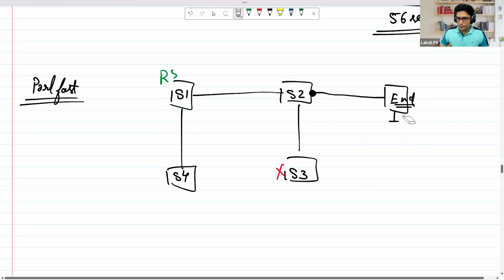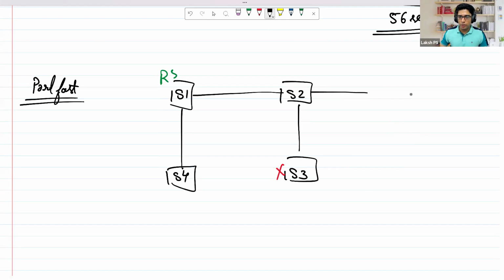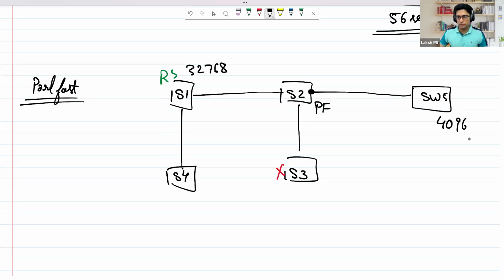Now we are human. We make mistakes. Imagine that I have a port fast enabled interface over here, and by mistake I connected a switch over here, switch 5. Let's say this switch's priority is 32768, and let's say switch 5's priority is 4096.